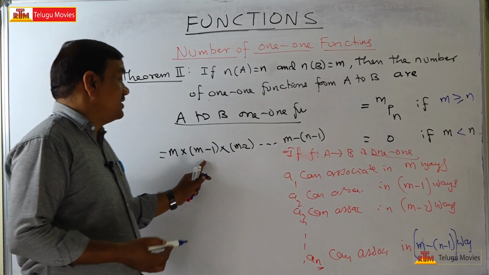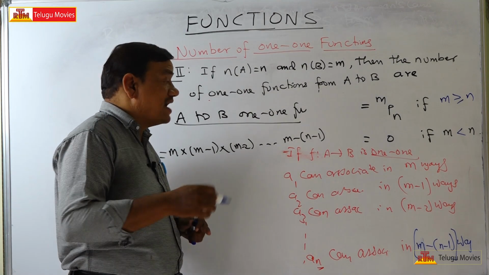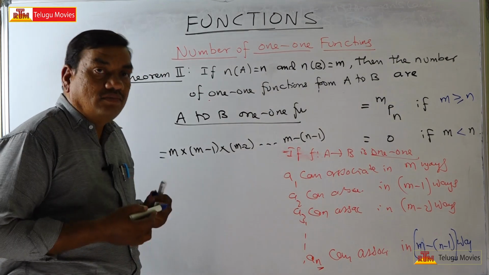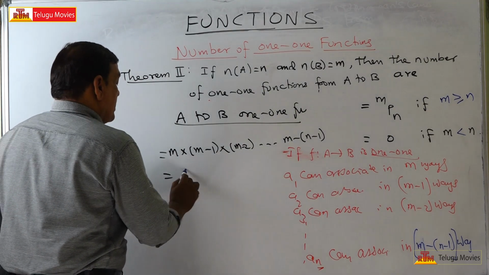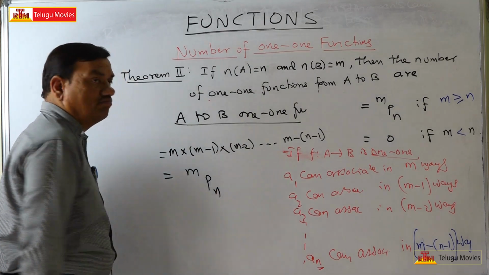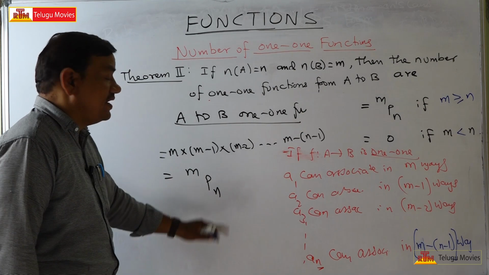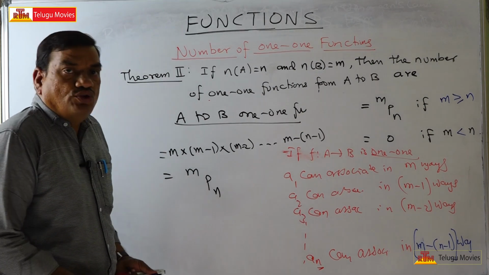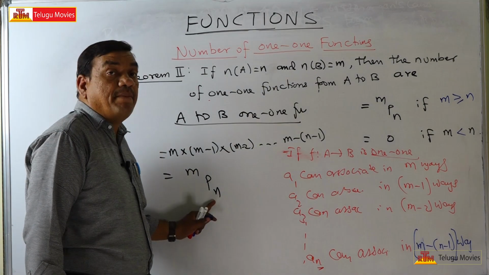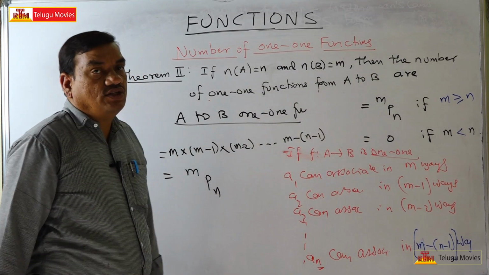This is nothing but mPn. Otherwise, you can calculate m factorial by m minus n factorial.